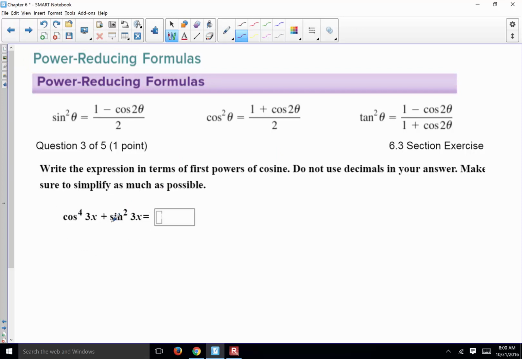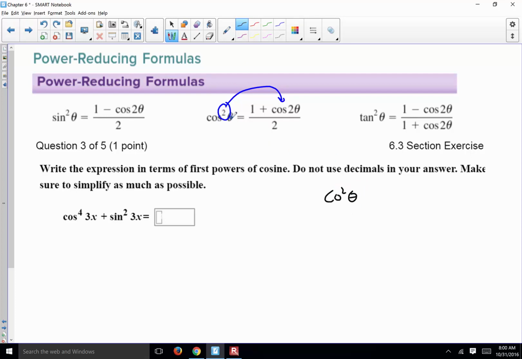How do we get rid of the fourth power? Remember, these powers are always reduced by half. Look, this is cosine squared and this is first power. So there is no way you can reduce the fourth exponent at once. You will first reduce power 4 to 2, and then reduce to 1 afterwards. How? I will start with this cosine squared.